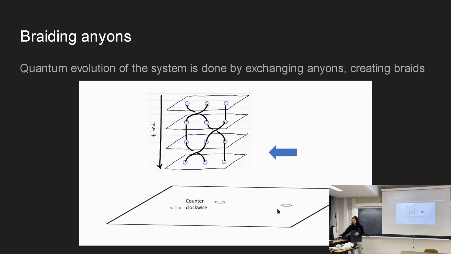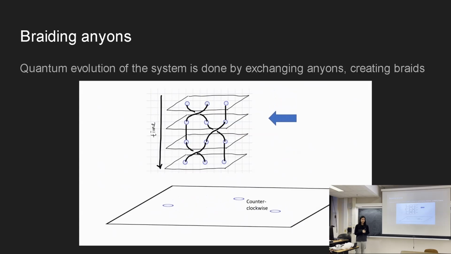So imagine these two are two anyons in two dimensions. You're exchanging them, rotating them around each other counterclockwise, and their world lines, which are their paths in time, you can see the arrow pointing, they swap places with each other like this. This forms a braid, and this braid is how computation is being done.